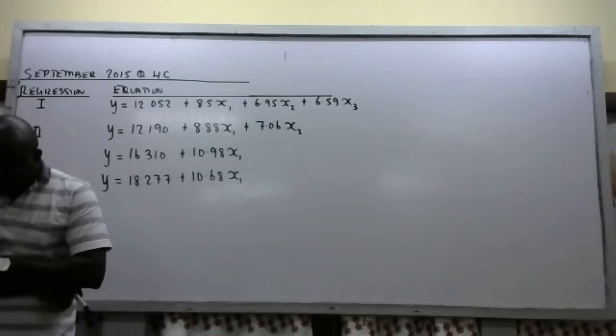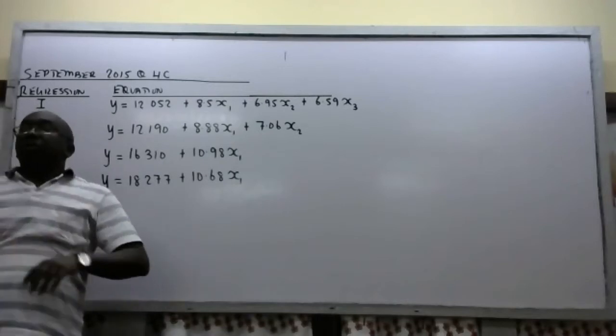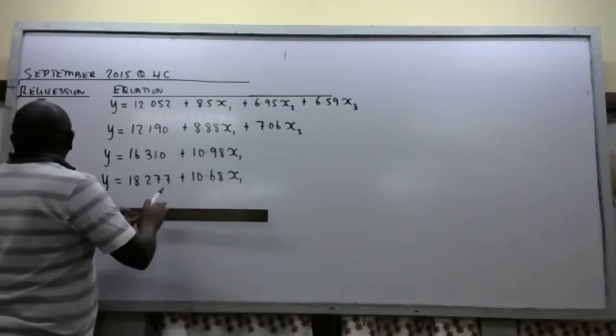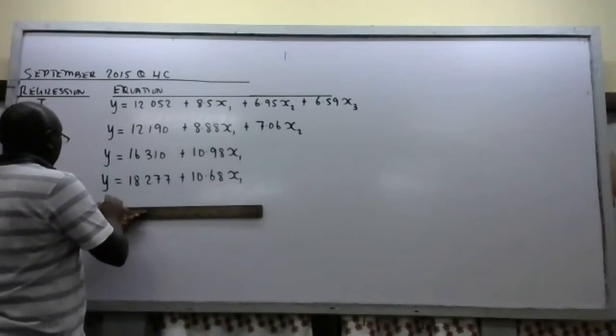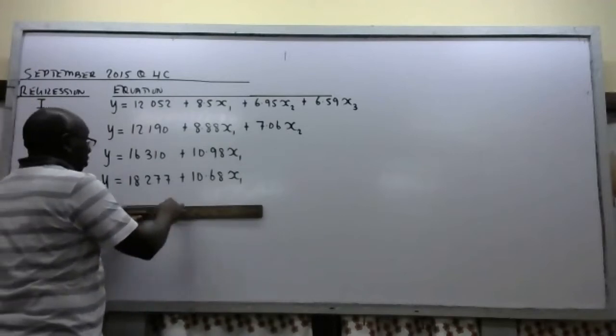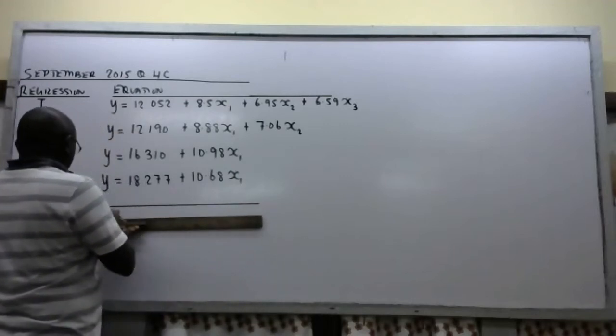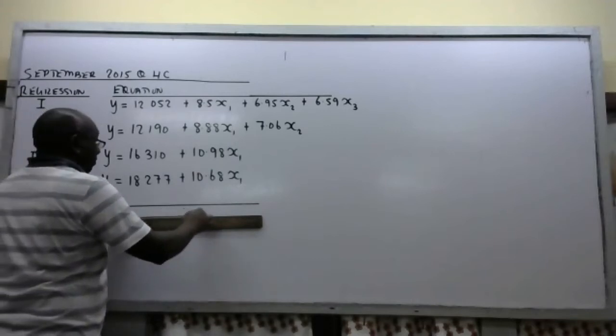Now, the question says, you tell us the most reasonable equation. The most reasonable equation. So what we shall do, we shall have something like this.